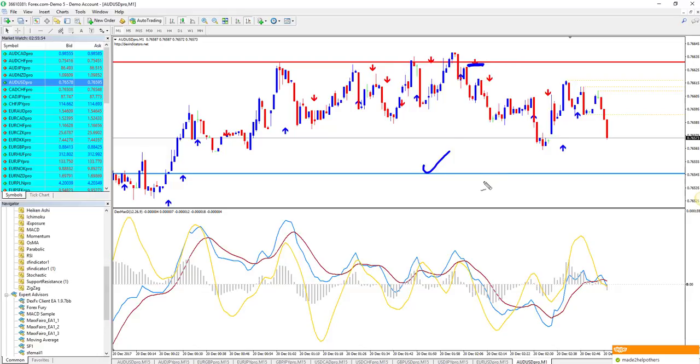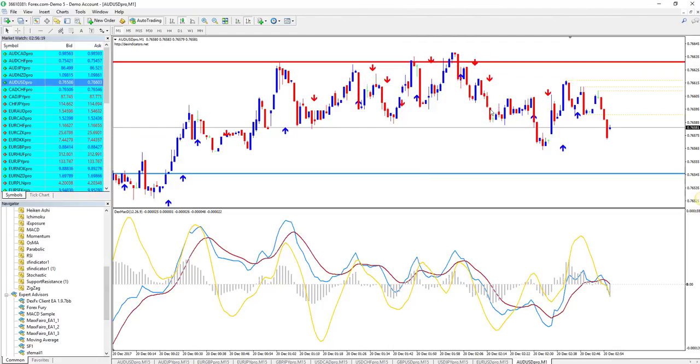Check, yes, boom. This is a perfect signal to get into. Does it have room to move, to go up and kind of go against us? The answer is yes, but if it's a strong level, then you can see where this opposition is. Even though we're taking it at this level here, we still got room and it still would have won at that point if we were able to get this price.